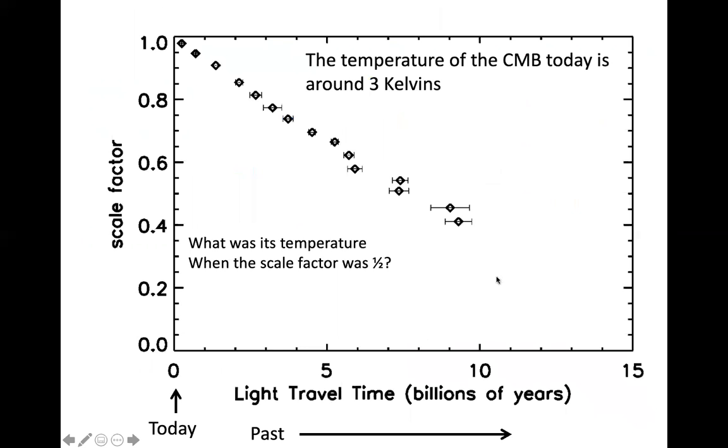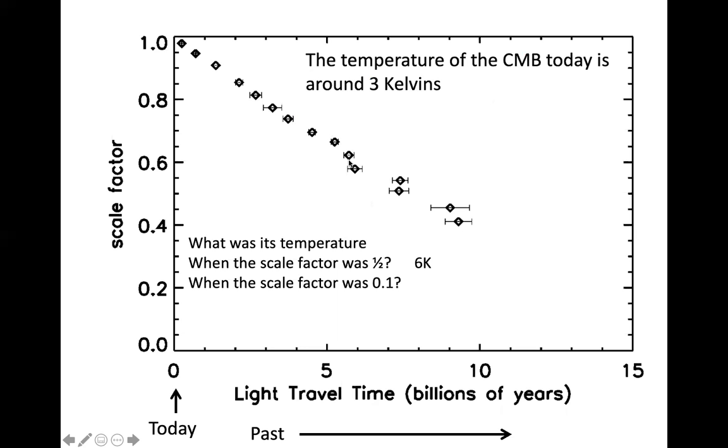So let's think about that. What are the implications of that? In the past, the scale factor was smaller. That means the temperature was higher. So we have galaxies from when the scale factor was about half of its present value. Today, the CMB is 3 Kelvin. Back then it would be 6 Kelvin.